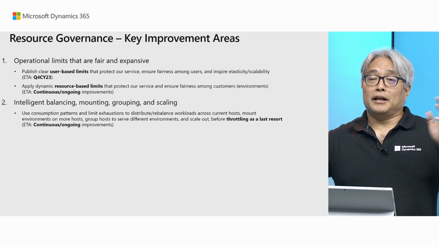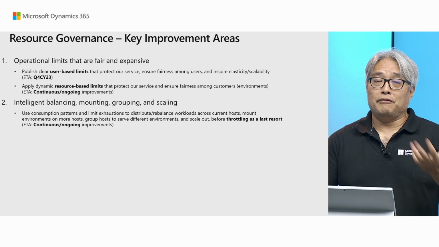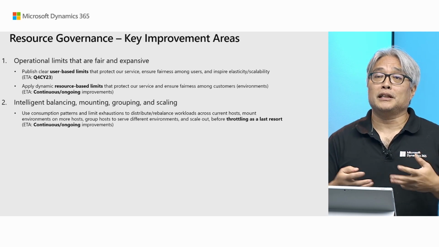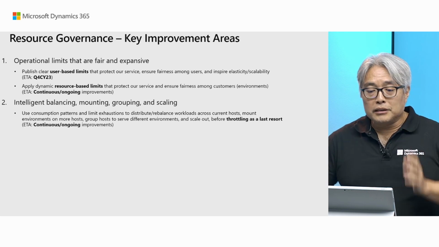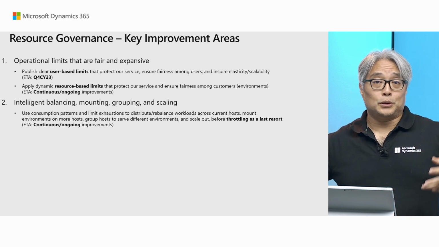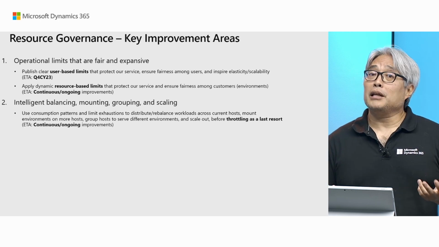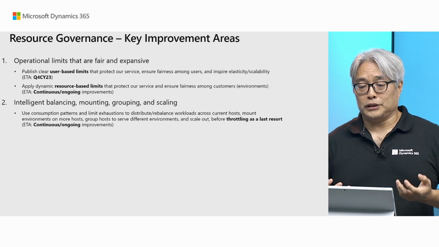For example, a heavy consuming tenant will go with a less heavy consuming tenant, such that they can balance each other out. And you can also use the signal of limit exhaustion and consumption pattern to scale out and add more hosts into the cluster.